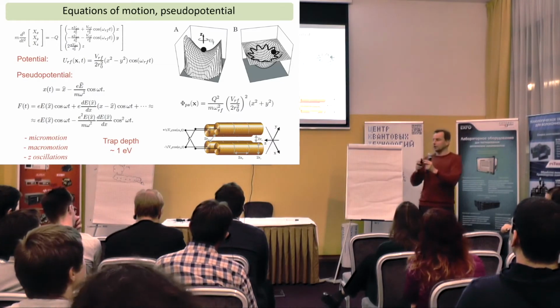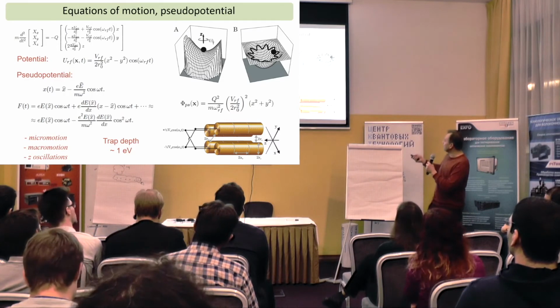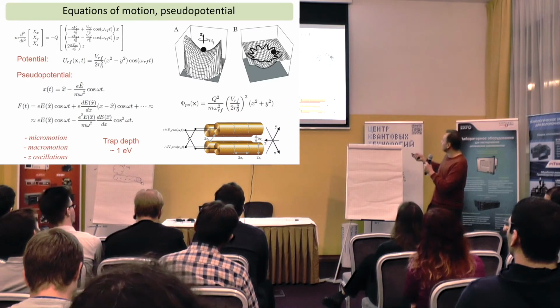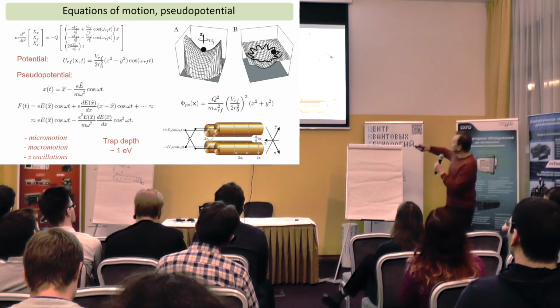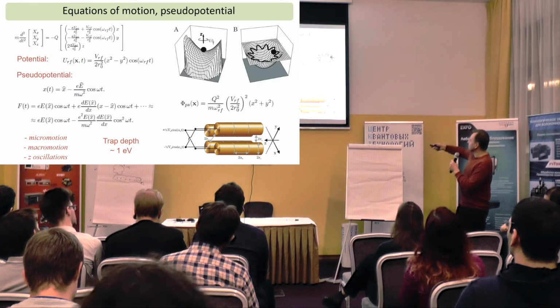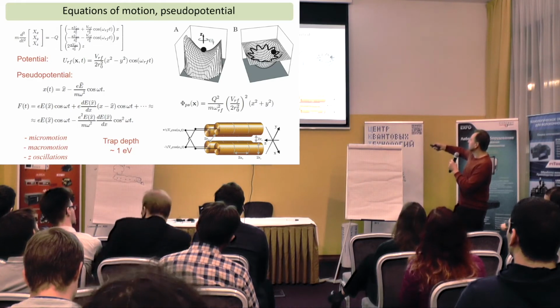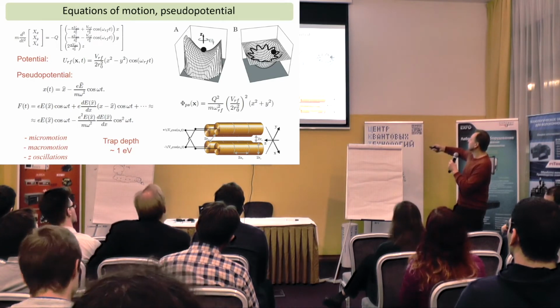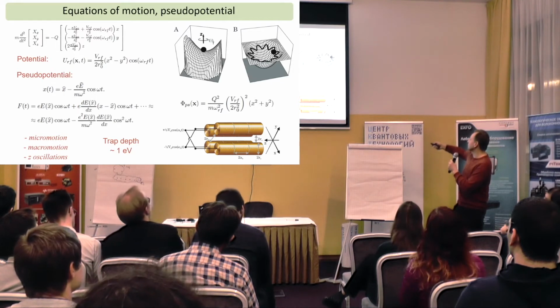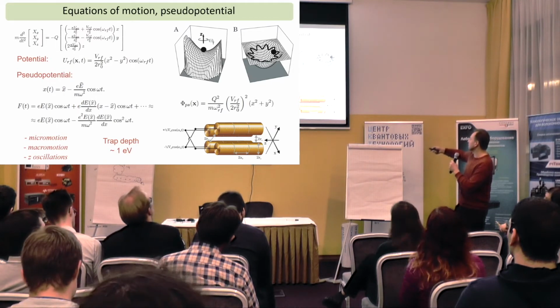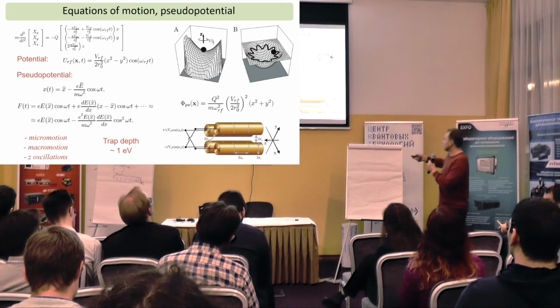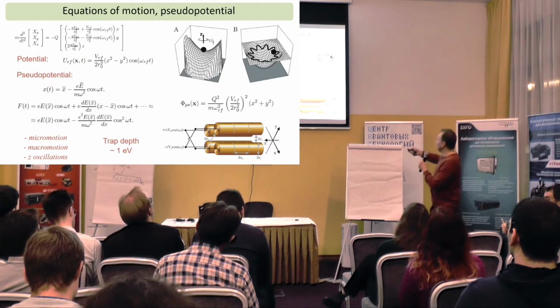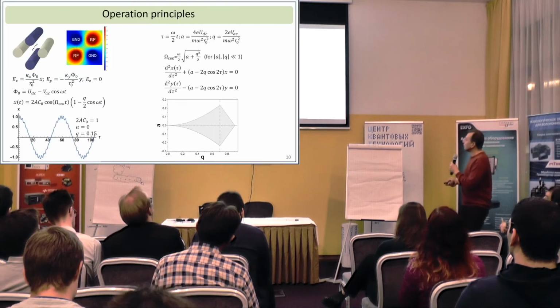So we trap them in the x and y directions using this radio frequency trap, and in the z direction we need to make some trick. We just apply, say, a positive potential on these side electrodes. We have a grounded central electrode, and then we have the potential well in the z-axis, so the ion oscillates between basically two walls of the potential well.